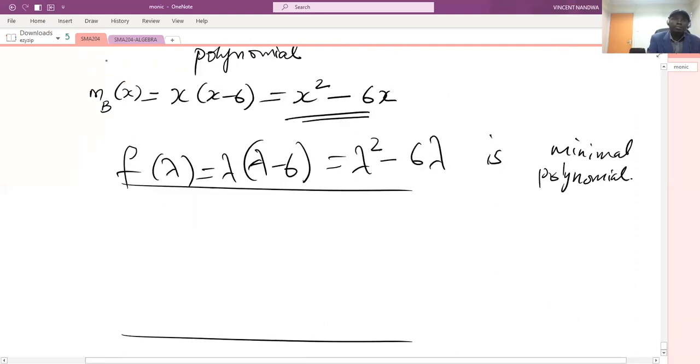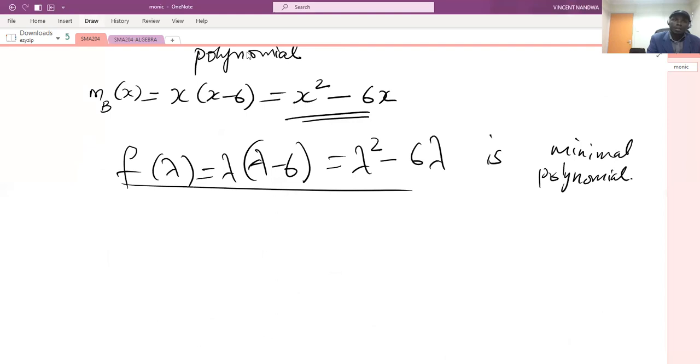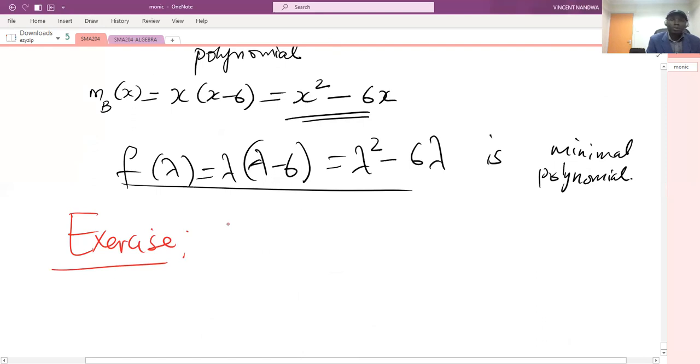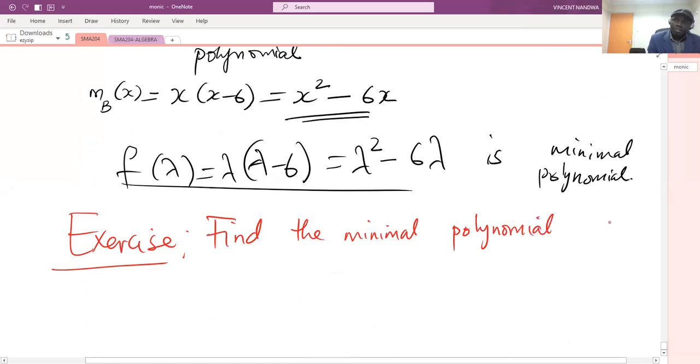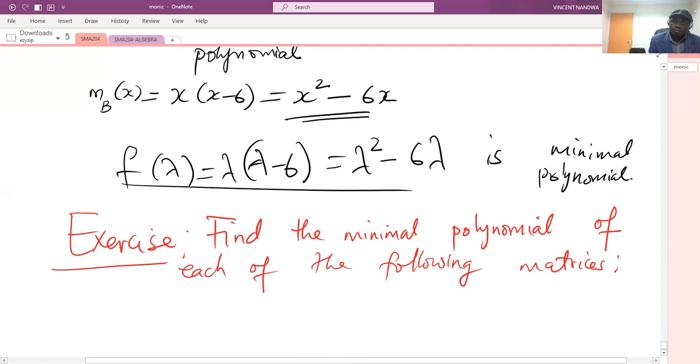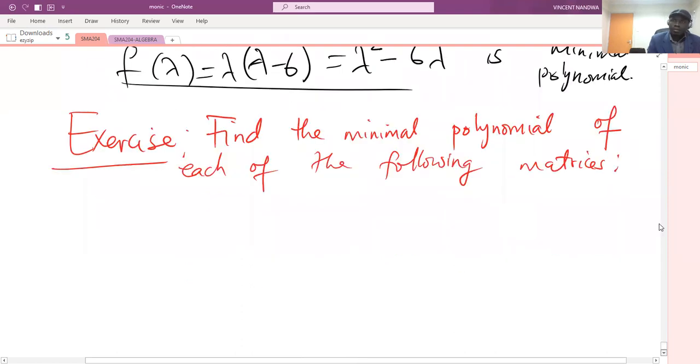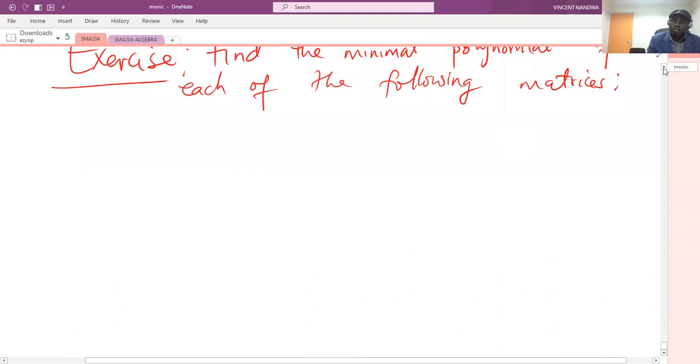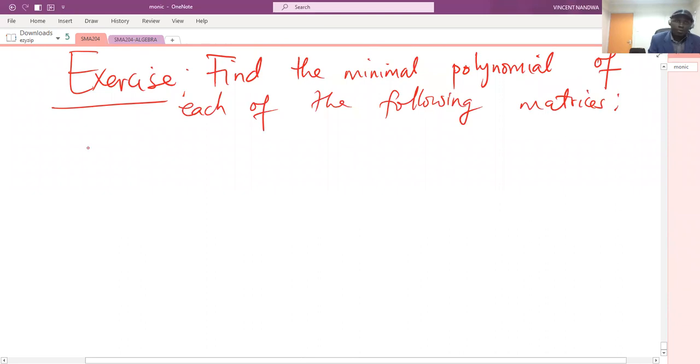So try this exercise. Find the minimal polynomial of each of the following matrices. So the first one, number 1, we have 2, 1, 1, 2.